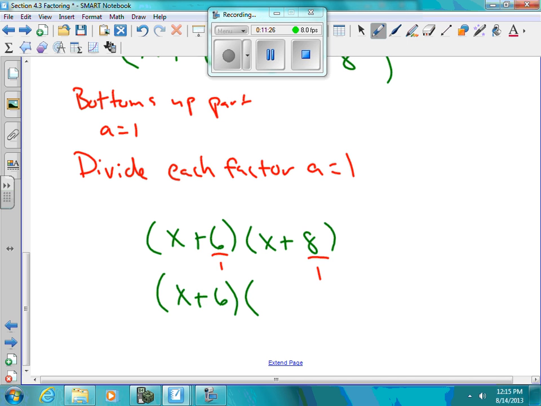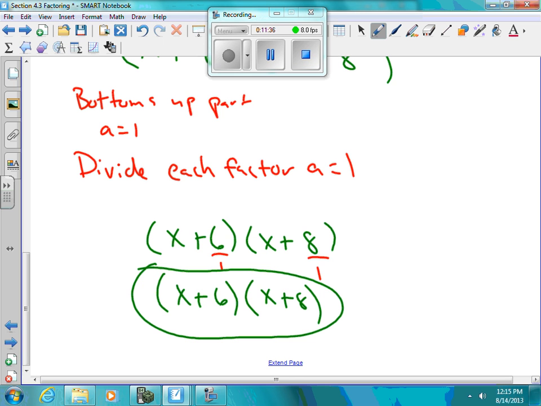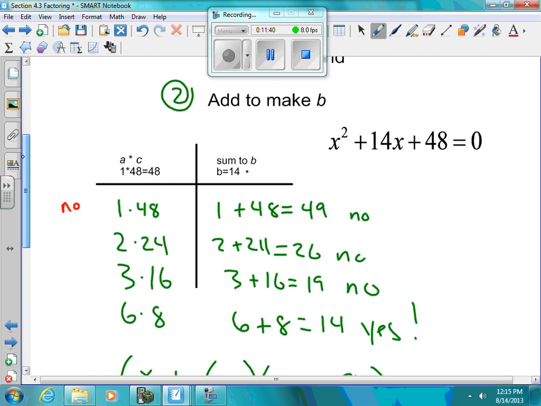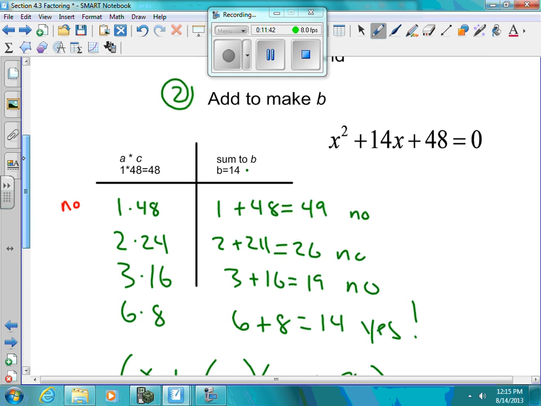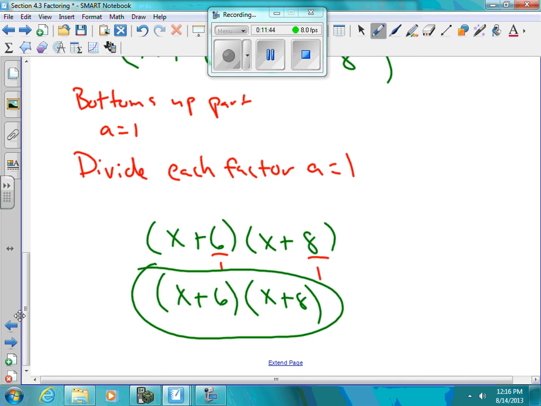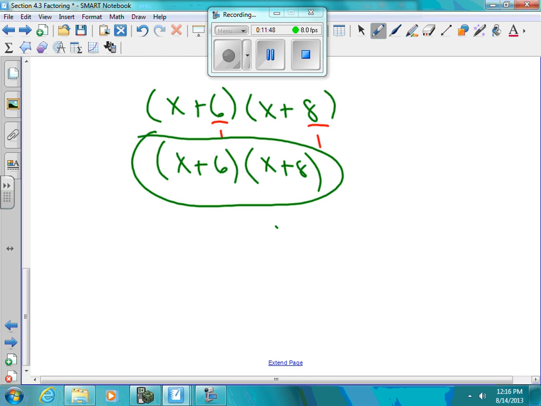We notice that 8 divided by 1 is 8. So this is the factored form, basically reversing FOIL. We just reversed FOIL to go from a trinomial, x squared plus 14x plus 48, to these two binomials being multiplied together. So we just take our word for it that that's it.